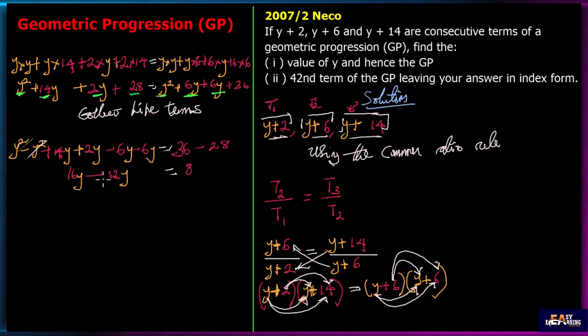Now 16y minus 12y is going to give us what now? It's going to give us 4y. Yes, that's 4y. Now equals to 8.